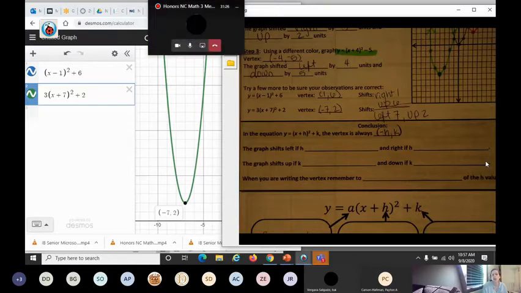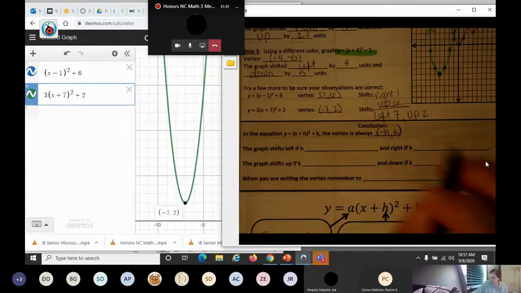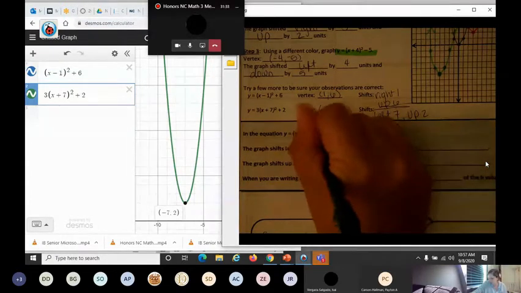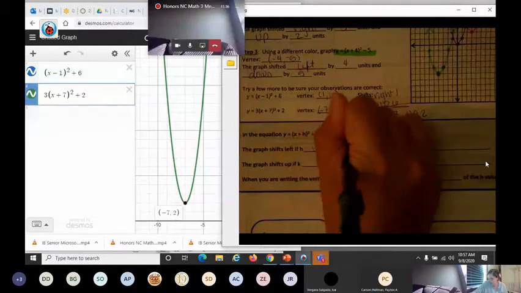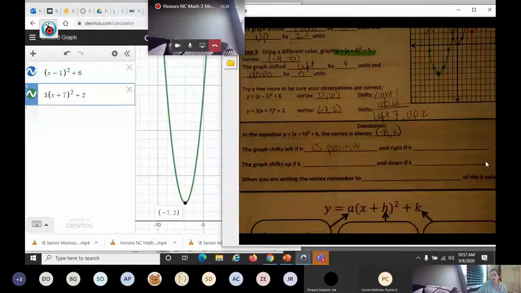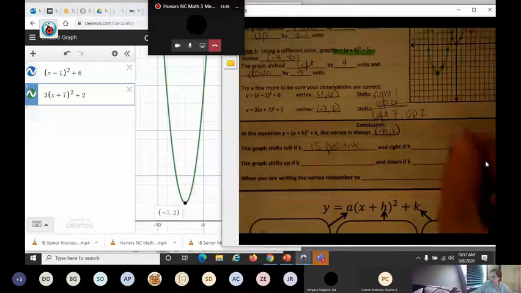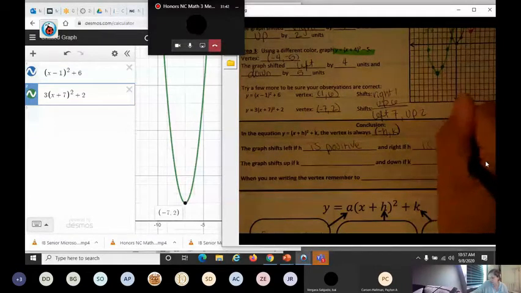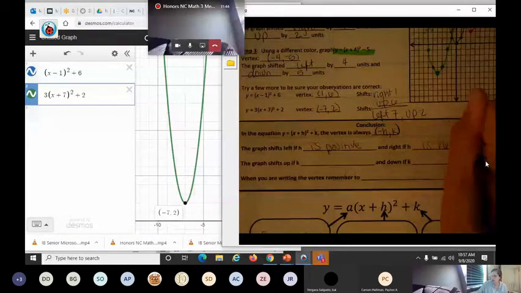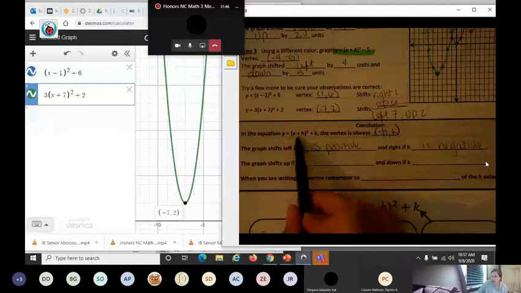Then it says the graph shifts left if h is positive and right if h is negative. So if I have a negative sign right here, it's going to shift to the right.